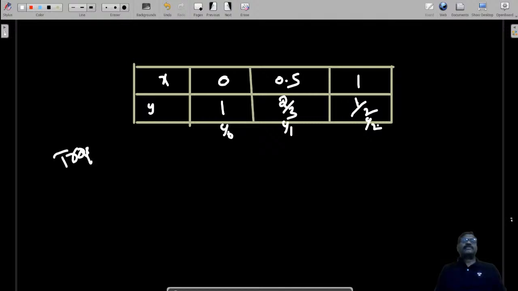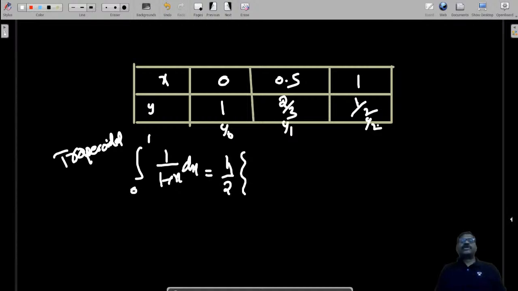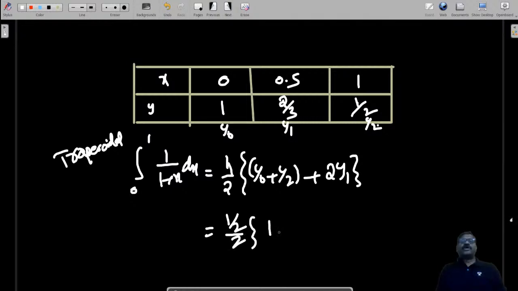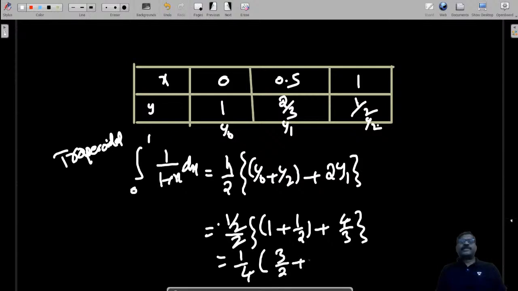By trapezoidal rule, integral 0 to 1, 1 by 1 plus x dx is h by 2 of y0 plus y2 plus 2y1, 1 by 2 by 2 of 1 plus 1 by 2 plus 2 into 2 by 3, 4 by 3. 1 plus 1 by 2 is 3 by 2 plus 4 by 3.